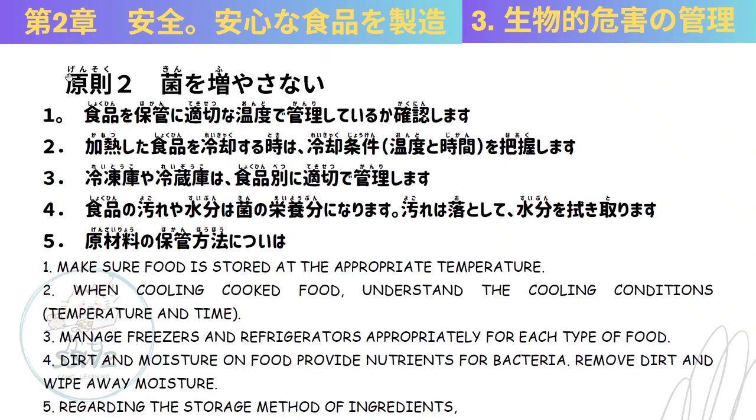In principle number 2, there are 5 things we need to remember. The first thing is to check that the food is stored at the appropriate temperature. So storage, appropriate, temperature. Make sure the food is stored at the appropriate temperature.